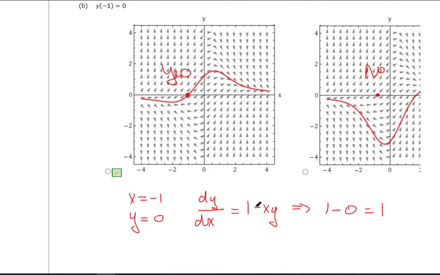Let's see, 1 minus, well, -1 times 0 is still 0, so I get a slope of 1 at -1, 0. So here's -1, 0. Notice the flow is up, and the direction that we would travel is going in this direction.